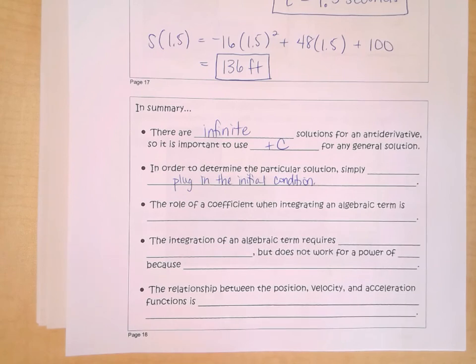What kind of a role did the coefficient have when we integrated? Like if you integrated 3x to the 5th, what purpose does that 3 have?